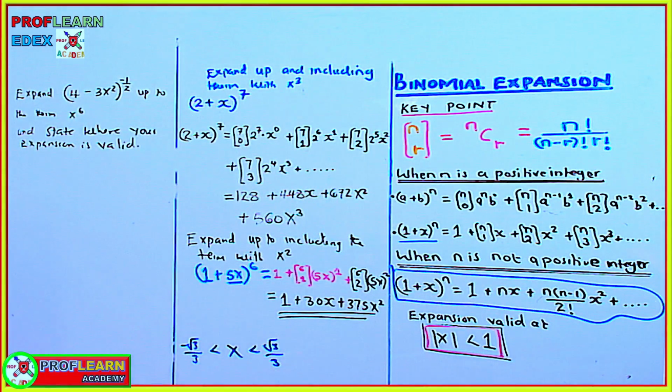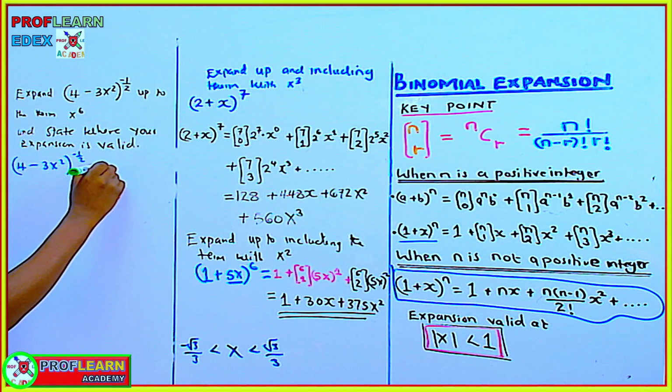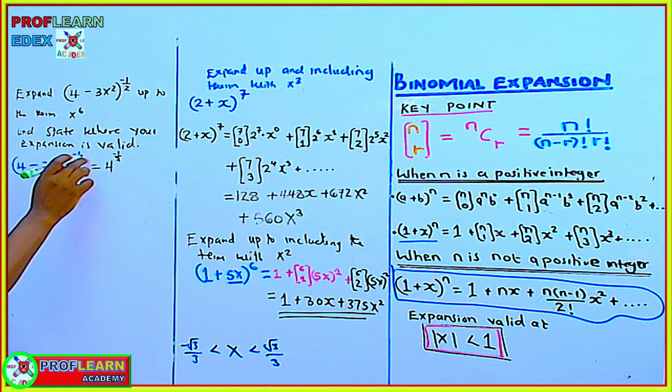So to do that, we can divide by 4 on this term. We take the 4 out, and say -1/2 should have the same power as this one.